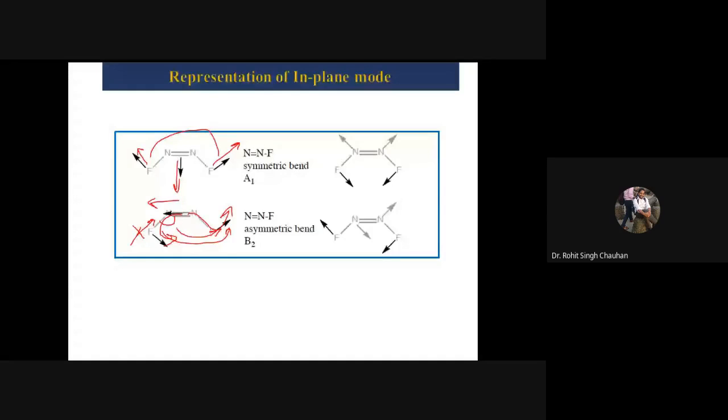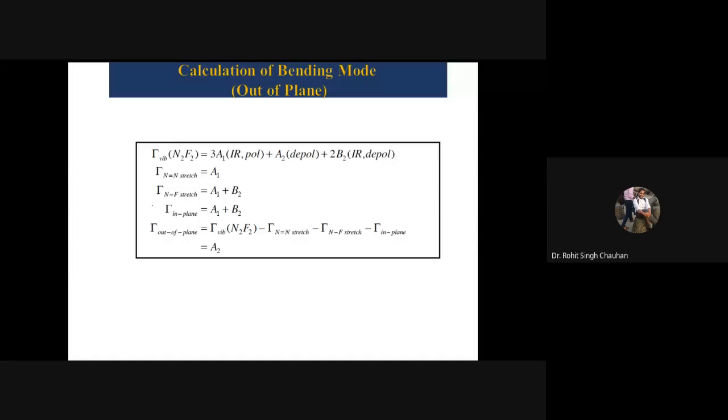Now the next. You have already found out the stretching. In the stretching, you found out through the NN bond, through the NF bond, and just now you have calculated the in plane motion. If any vibrational changes or dipole moment changes are going to happen, which is responsible for IR, what remains is the out of plane.